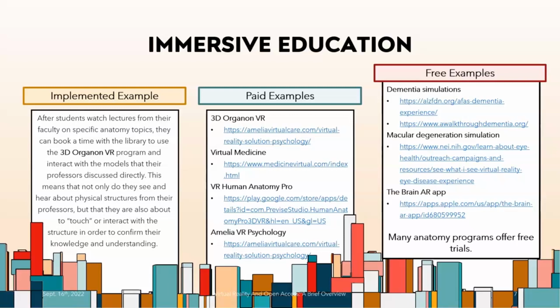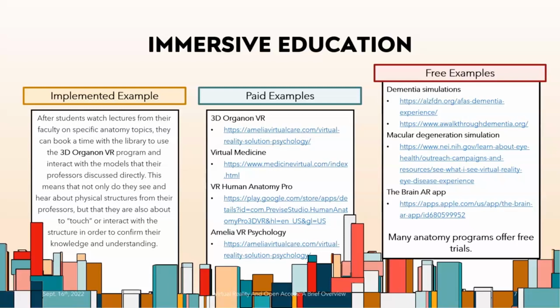Some other free examples include dementia simulations, which allow the provider to actually experience what a patient with dementia may be feeling. Macular degeneration simulations, which allow our students to view the world through the lens of one with macular degeneration. And the Brain AR app.